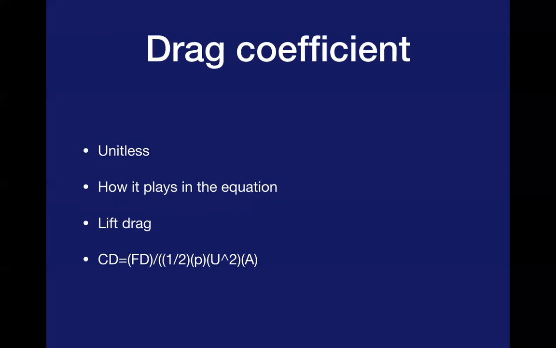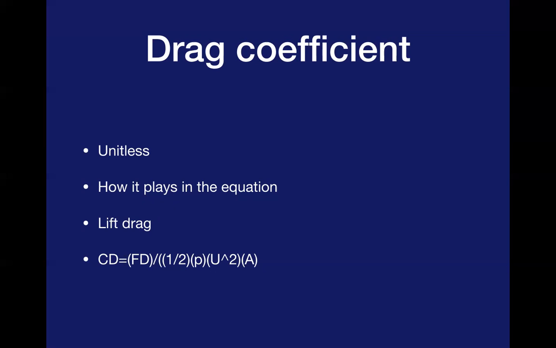So the drag coefficient is unitless, and you really want a lower drag coefficient, which you can lower by reducing the skin friction and the dynamic drag. And then you also have lift drag, which in hydrofoils helps lift an object up out of the water to give you lift.